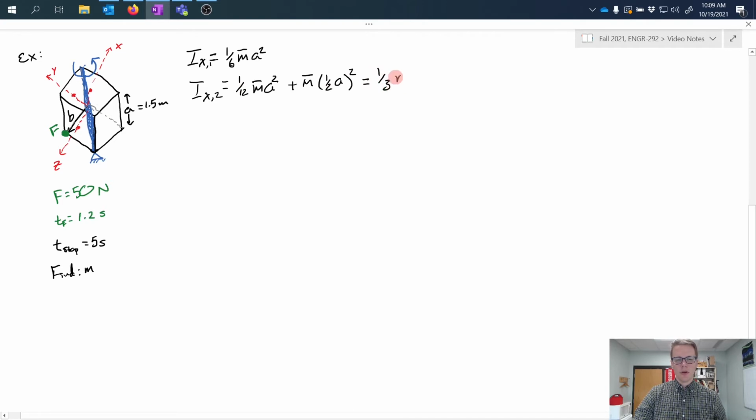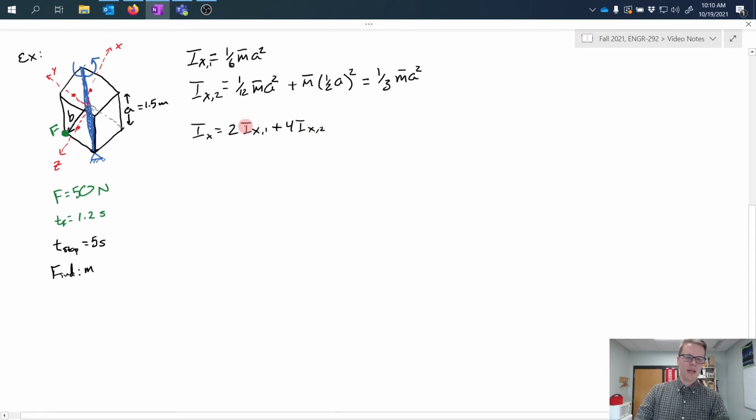So I get 1/3 m̄a squared. Now, the net total contribution is 2 times the first one, because that corresponds to 2 of my sides, and 4 times my second one, which is here.